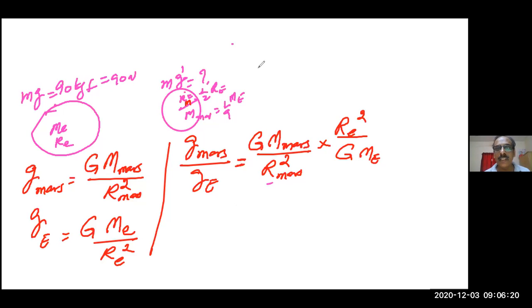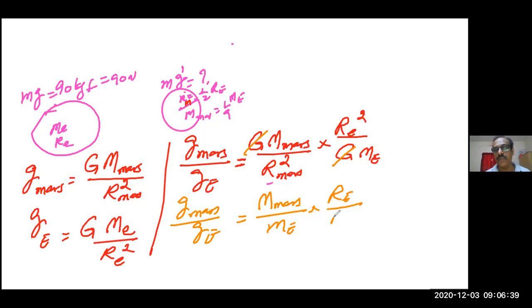Now this G will cancel. Then what is remaining? G of Mars divided by G of E is equal to M of Mars divided by M of Earth into R of Earth divided by R of Mars whole squared, right? Is it okay? Yes, sir.